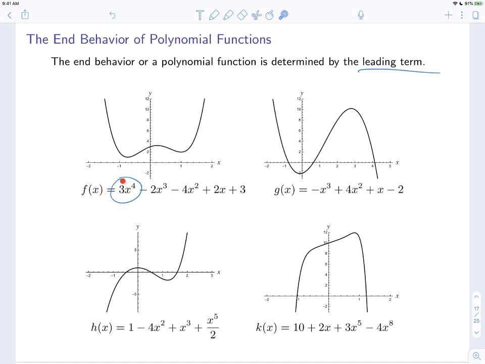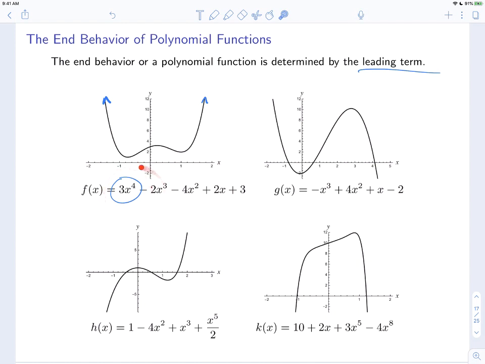This is a positive constant times x to a positive even number. So roughly speaking, it resembles a parabola opening upwards. Certainly this doesn't look like a parabola because you've got this little bump in the middle, but we're talking about end behavior, which is determined by the leading term.